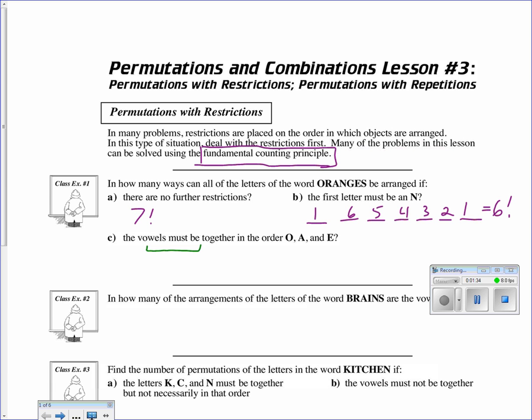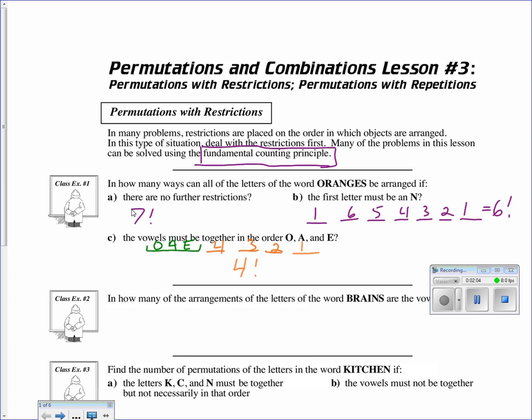So instead of being 3 positions, the letters O, A, E count as 1 position. And then I'm left with 4 other positions for the word oranges. So I've got how many choices for those other spots? 4, 3, 2, 1. That looks like 4 factorial.